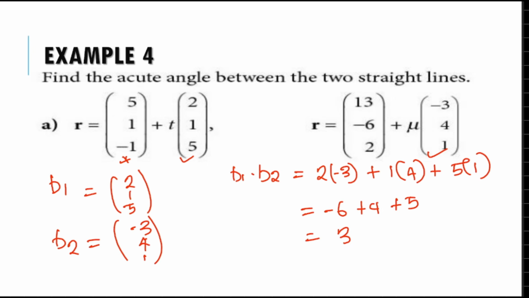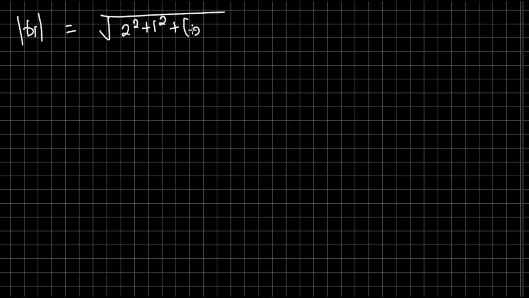Now we need to find the magnitudes. The magnitude of b1 is the square root of 2 squared plus 1 squared plus 5 squared, which is the square root of 4 plus 1 plus 5, which is the square root of 10.